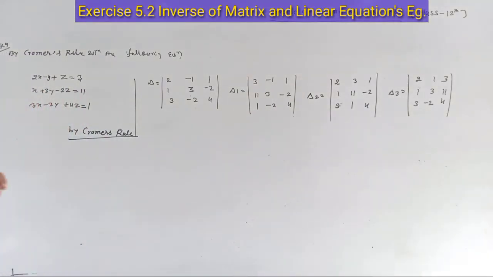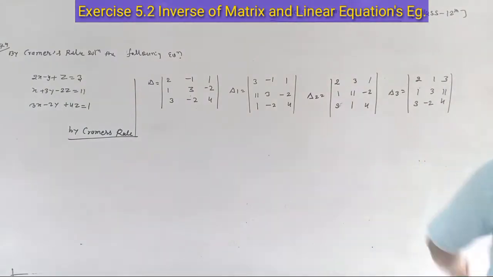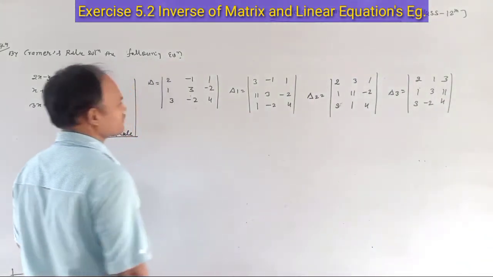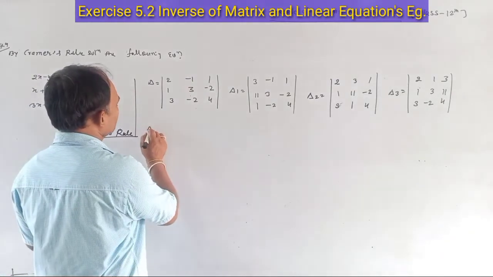Now we have to solve all these values to find the values of x, y, z by Cramer's rule. So we are going to solve delta.